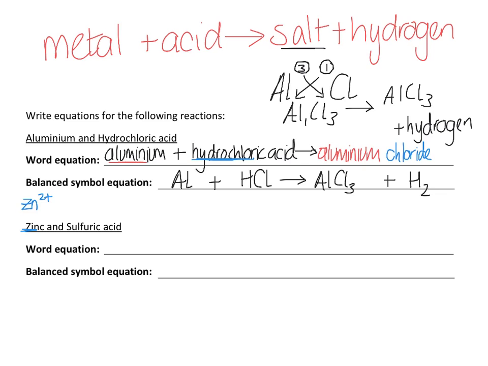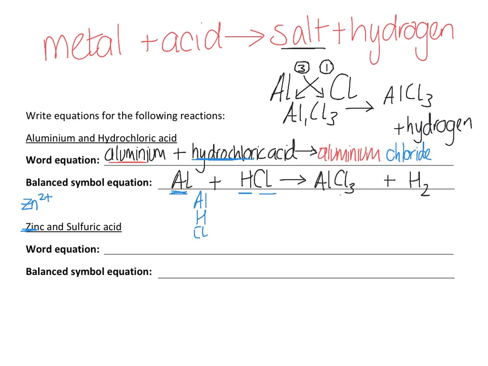Now time to balance my equation. So first step is always make a list of my elements on the left hand side and then on the right hand side. So I've got aluminium, so write down Al, I've got hydrogen, and I've got chlorine. So Al, H and Cl.